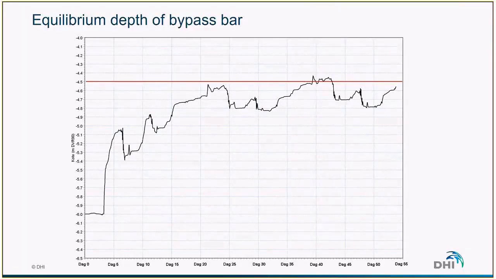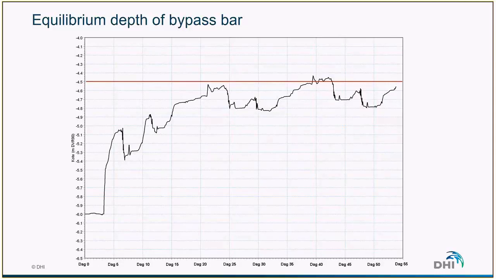And based on this 55 days climate, we've been simulating the morphological evolution of the bypass bar, because that's what we were aiming at. And we can see that based on the calculations that have been made, the equilibrium depth of the bypass bar was reaching about 4.5 meters, which was exactly what the harbour wanted before they realized that they wanted to have a larger navigation depth.